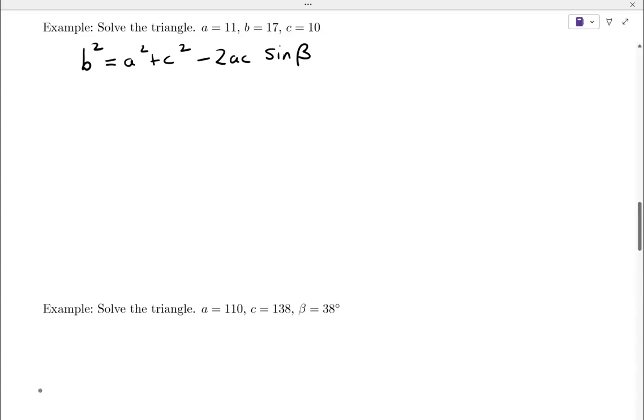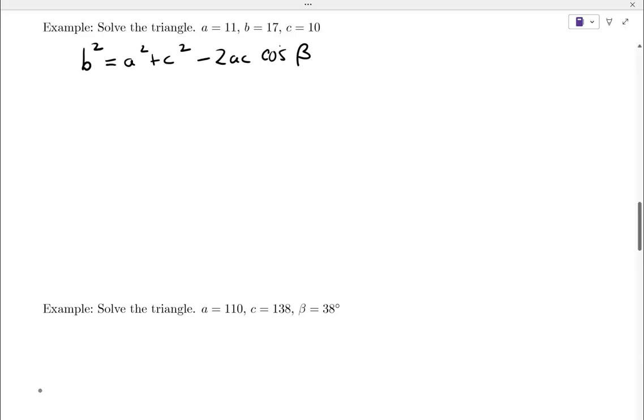It doesn't matter what order you put a, b, and c in. Law of cosines works so long as the side that you have squared on one side of the equation has its opposite angle in the cosine on the other side. Oops, that's not sine, that's cosine of beta. Sorry. It's hard using law of cosines if I wrote the word sine down.